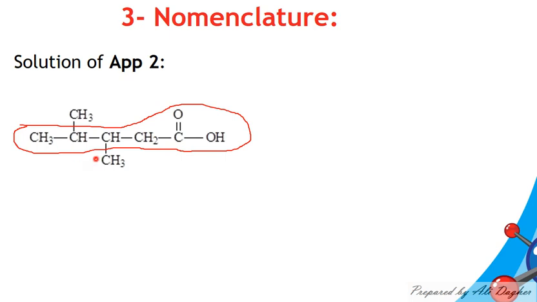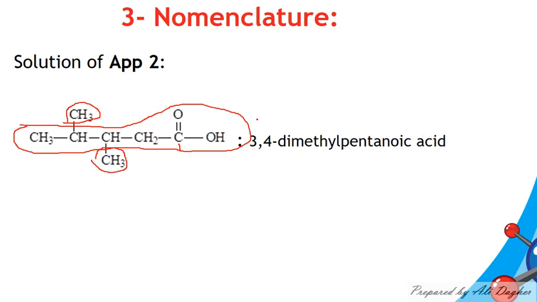And we have two methyl groups, dimethyl, on carbon 3 and 4. 3,4-dimethyl pentanoic acid is the systematic name of this carboxylic acid.